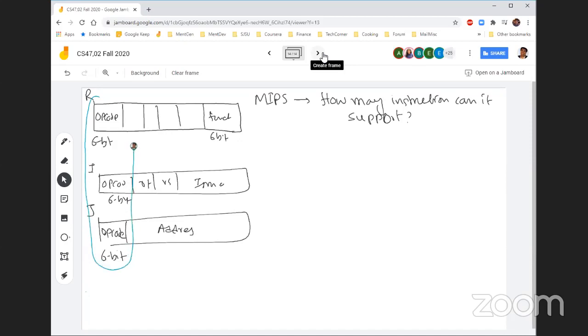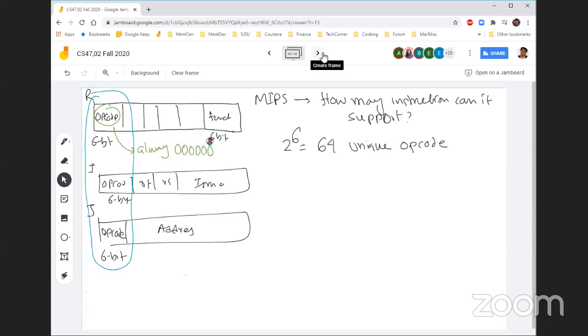That means we can generate 2 to the power 6 equal to 64 unique opcodes. And another interesting observation is that for R type, the opcode is always 0, meaning it's 6 bit 0.